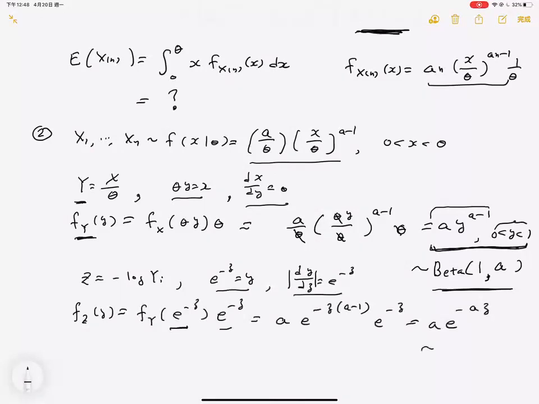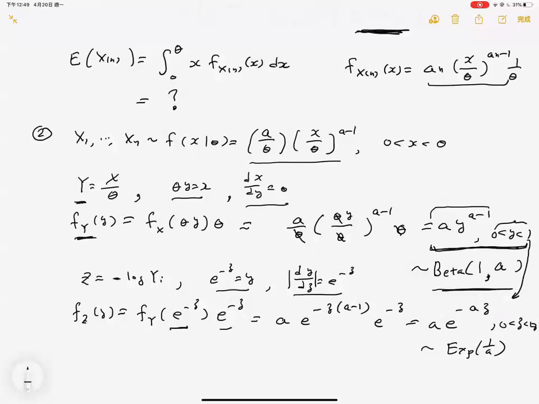What does this follow then? Nothing but exponential with mean 1 over a. Especially since from 0 to 1, doing the minus log transformation, it becomes infinity. Perfect. Exponential 1 over a.